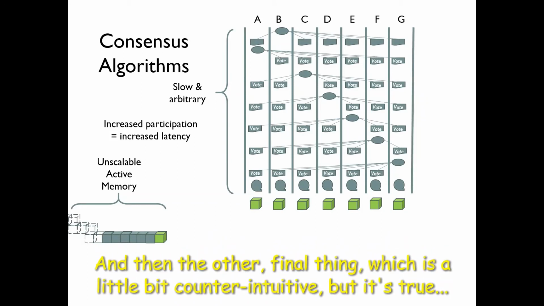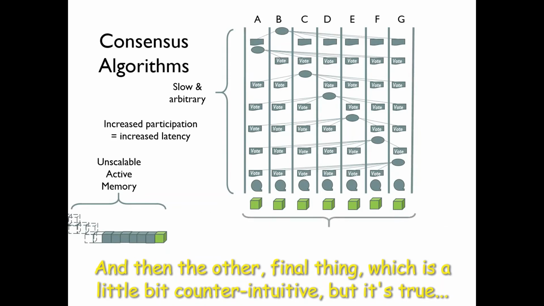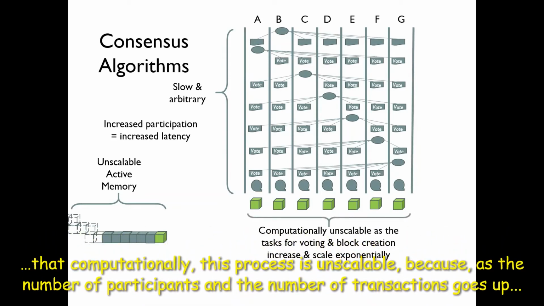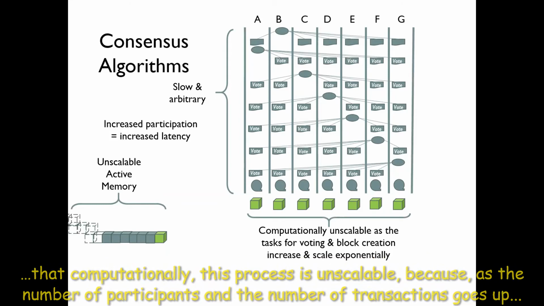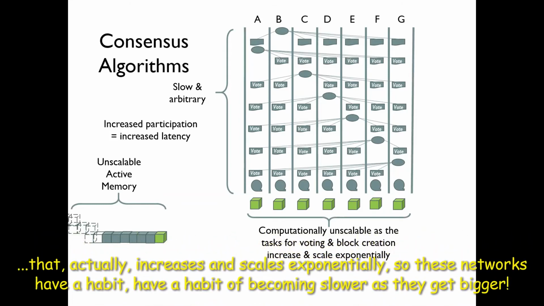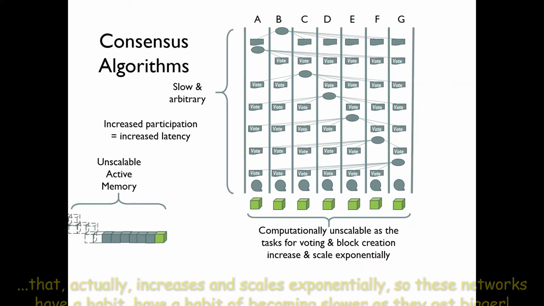And then the other final thing, which is a little bit counterintuitive, but it's true, is that computationally, this process is unscalable, because as the number of participants and number of transactions goes up, that actually increases and scales exponentially. So these networks have a habit of becoming slower as they get bigger.